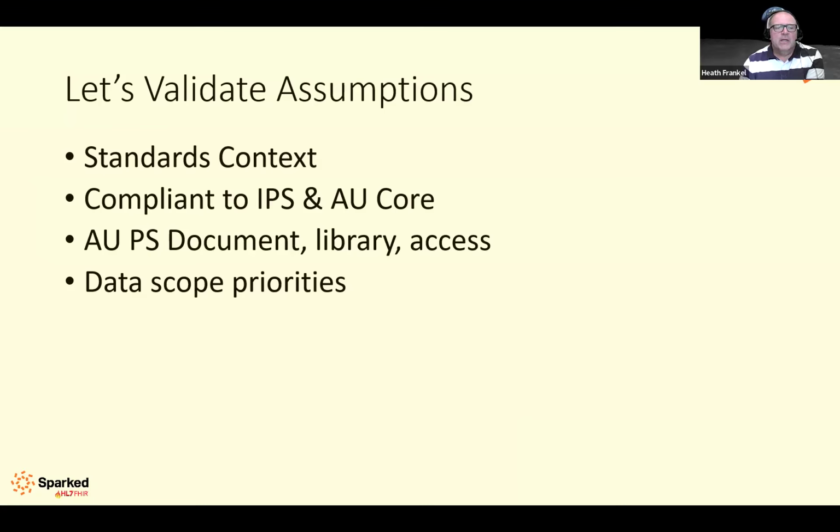Effectively what we're proposing is that our Australian patient summary be compliant with IPS, the International Patient Summary, but using content based on AU Core, so that we're able to leverage the reuse of our AU Core implementations as part of our Australian patient summary, while at the same time making it internationally relevant and shareable.